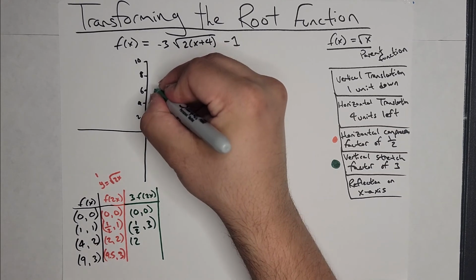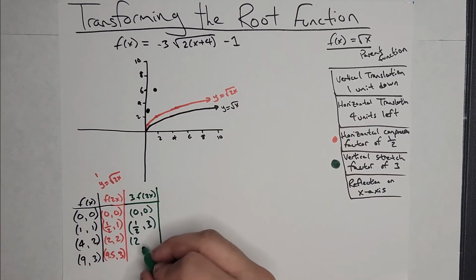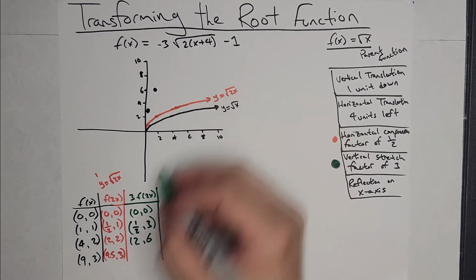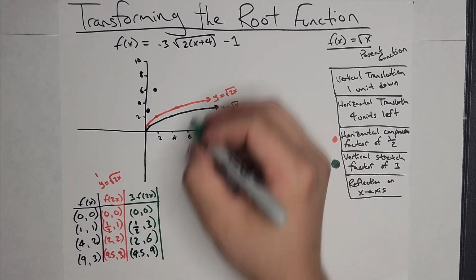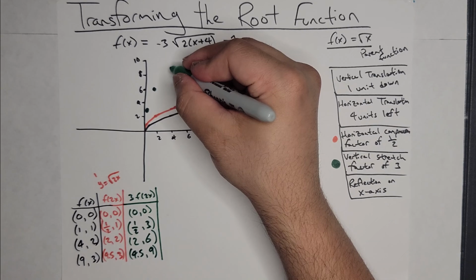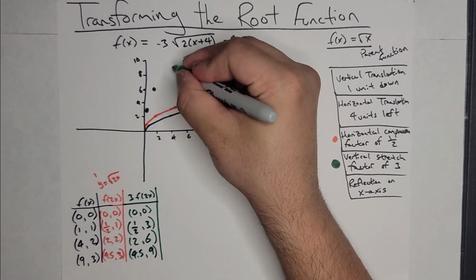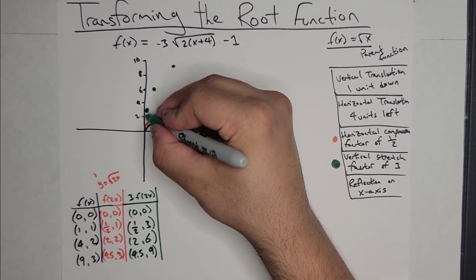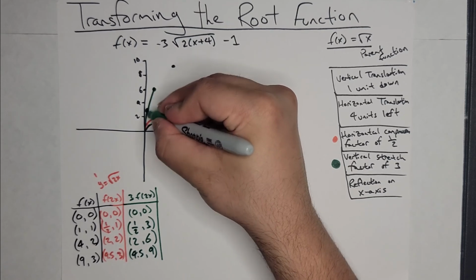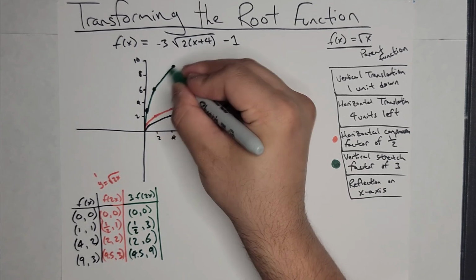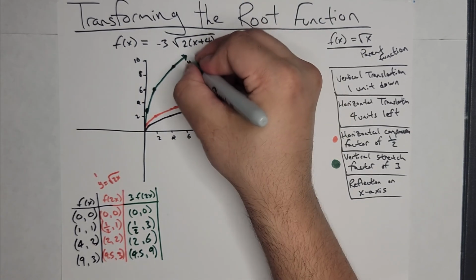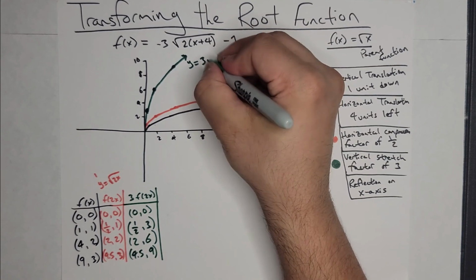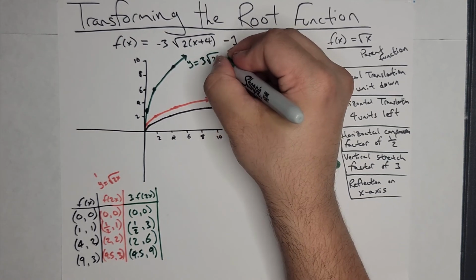Now it's going to be 6. And what I had before for 4.5, now it's going to be 9. That's about here. And that's y equals 3 root 2x.